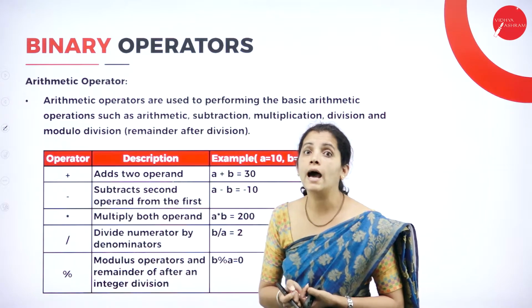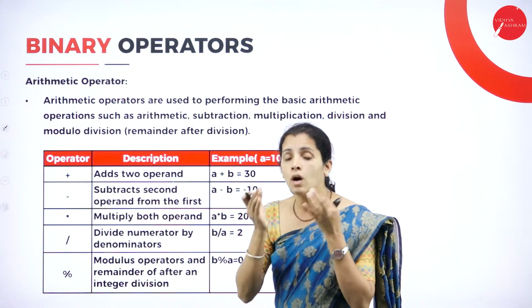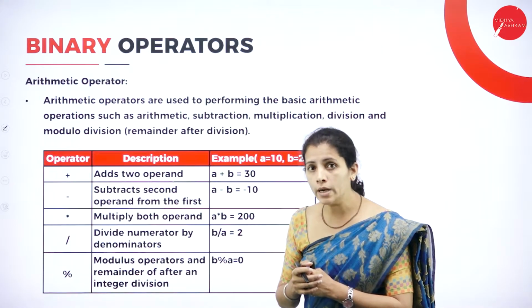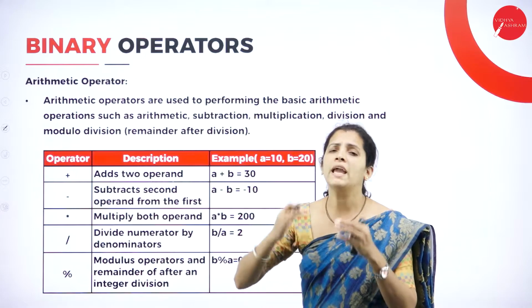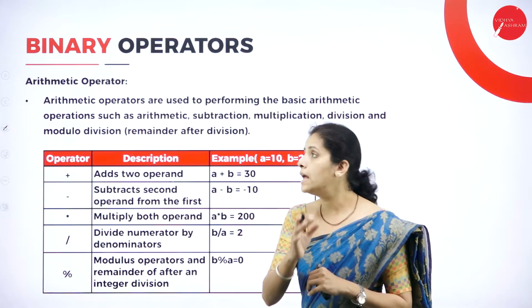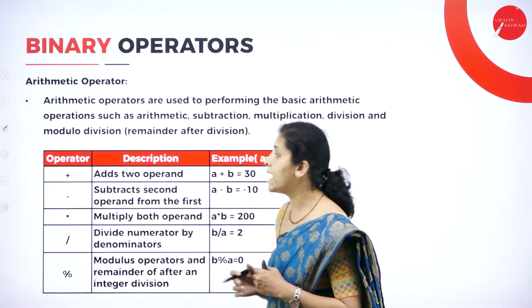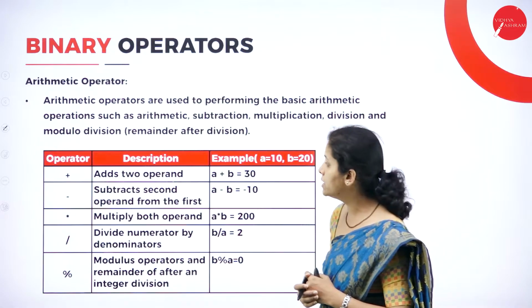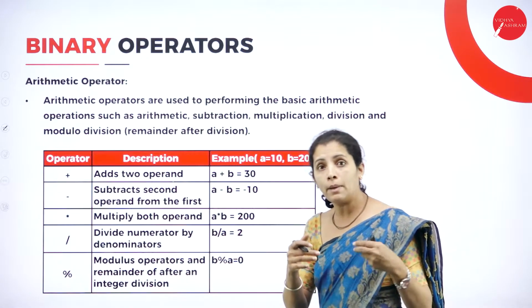So what is this arithmetic operator, and what is the need of arithmetic operator? Dear student, if I want to perform any arithmetic operations in my program, then I'm going to make use of arithmetic operators.